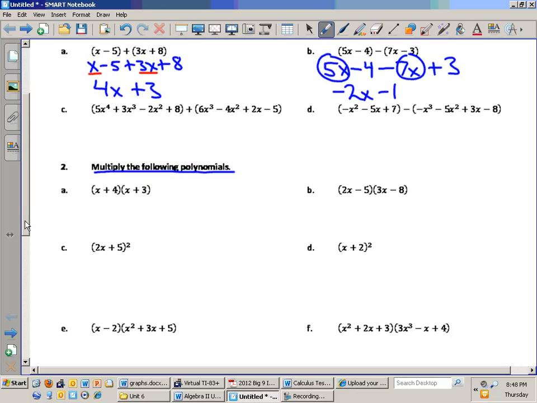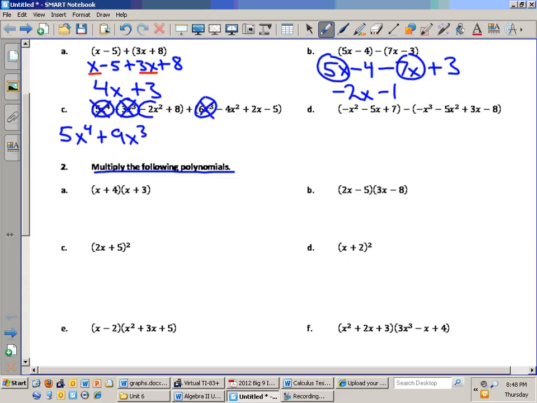For letter C, again, we could take the parentheses off and simply combine like terms. I have nothing else that's x to the 4th, so I simply have 5x to the 4th. We're done with that. I go to x to the 3rd. That makes a total of 9x to the 3rd.